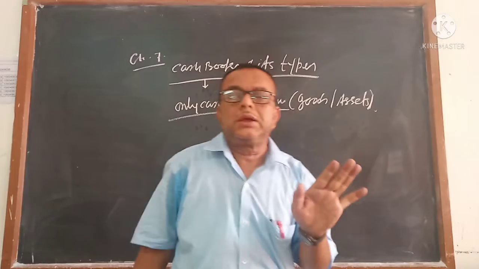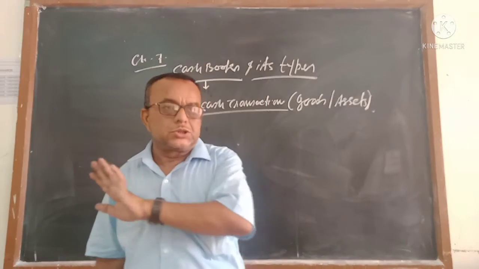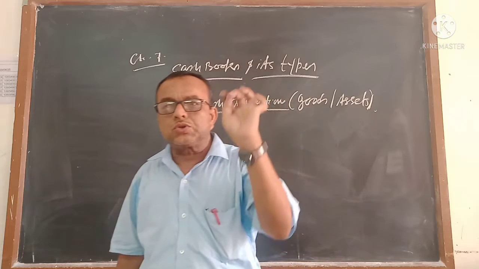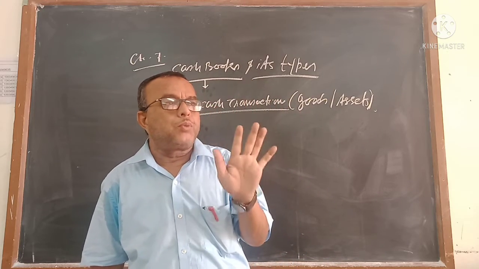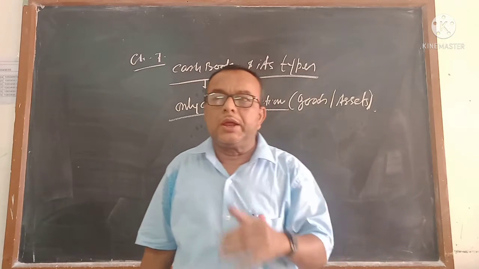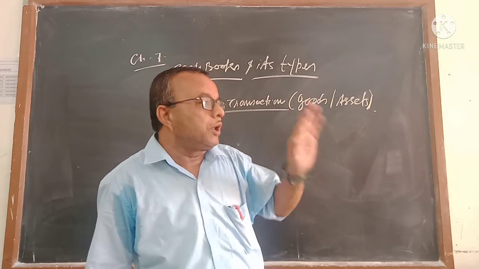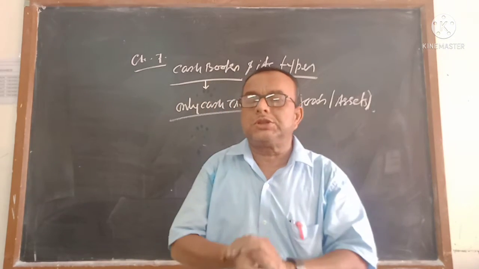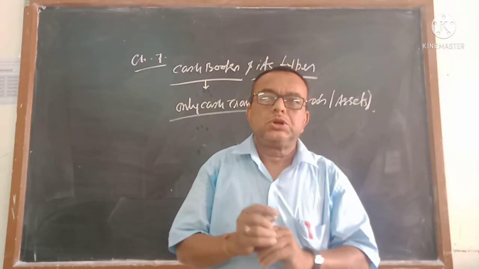No other entry apart from cash transactions will come here, because subsidiary books are 8 types of books, and a detailed explanation of which type of entry is recorded in which book was given in chapter 6, subsidiary books.